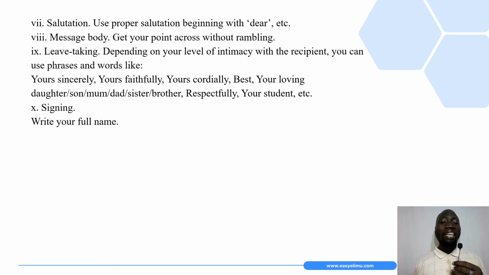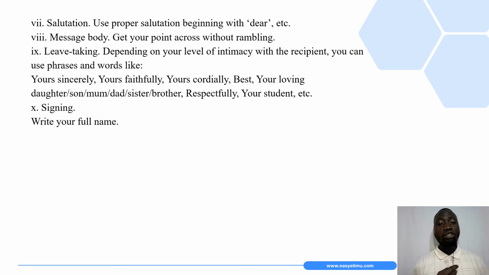So depending on your level of intimacy with the recipient, you can use phrases and words like yours sincerely, yours faithfully, yours cordially, best, your loving daughter, son, mom, dad, sister, brother, etc. Respectfully, your students, etc. So when we talk about level of intimacy, we are simply referring to the level of closeness to the addressee or the recipient. So it is the closing remark that we are calling leave taking in this case.